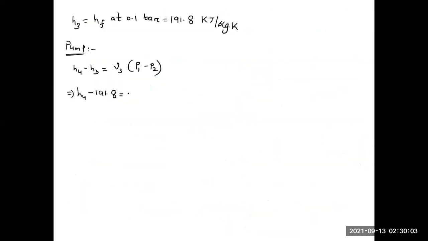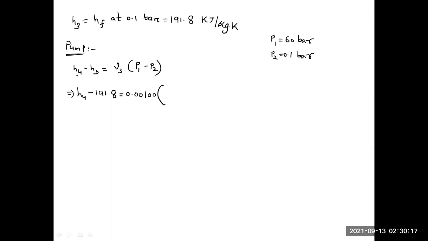Okay, so this value we will write over here: 0.001 into P1 minus P2. What is P1? P1 is given as 60 bar and P2 was given as 0.1 bar.